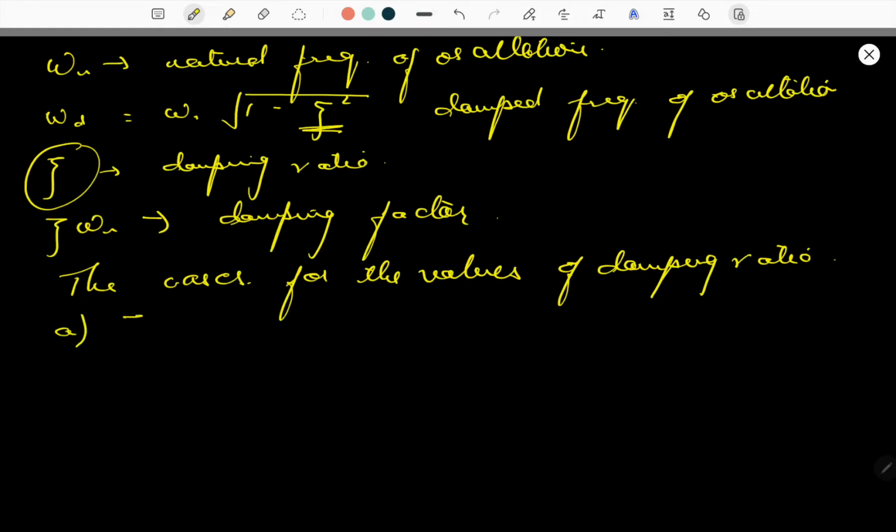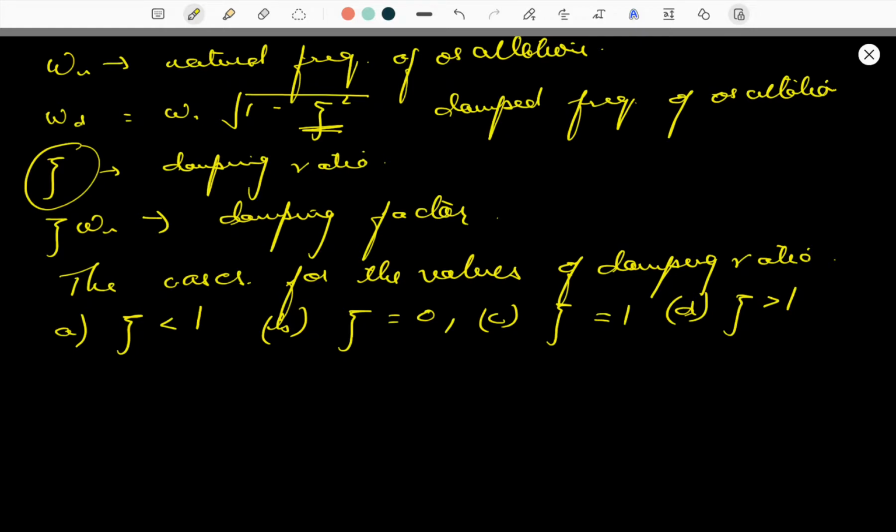The first case is when zeta is less than 1. The second case is when zeta equals 0. The third case is when zeta equals 1. And the fourth case is when zeta is greater than 1. These are the 4 cases we are going to study, and we are going to have different responses for the different values of zeta. One by one we are going to take it, and let us see what the responses are.